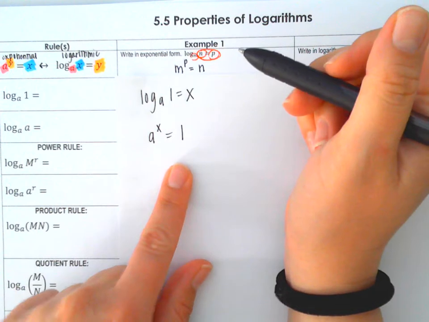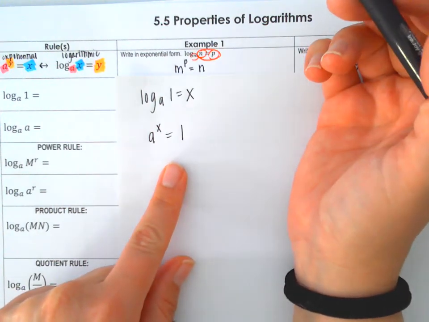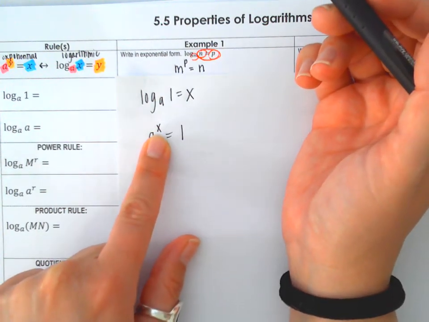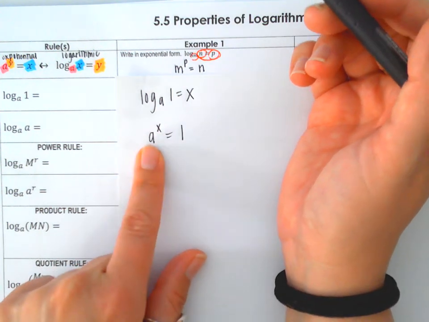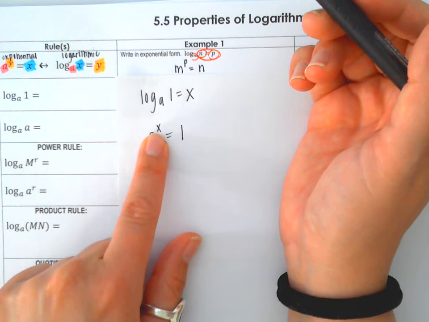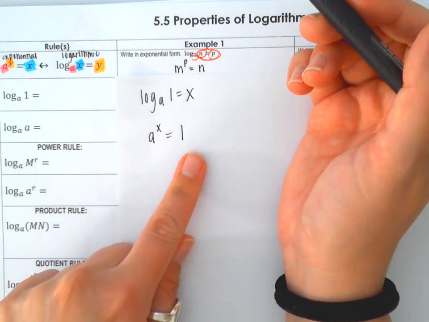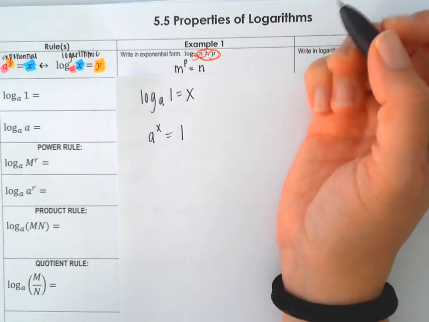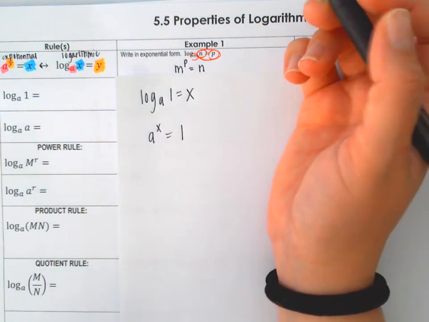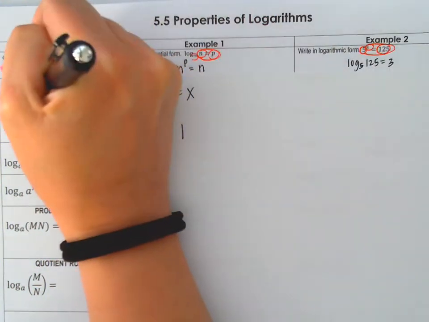All I did is rewrite it as an exponential. Well, what exponent is going to turn any number, no matter what the number, into 1? So think about that. What's our exponent here? And if you're thinking 0, you would be correct.